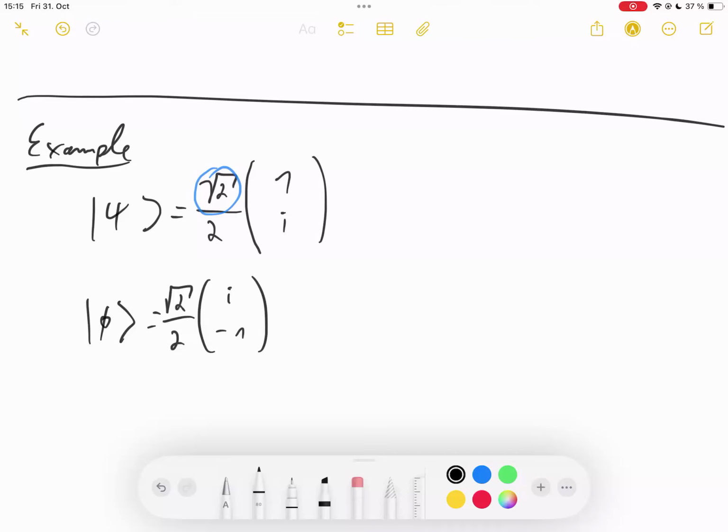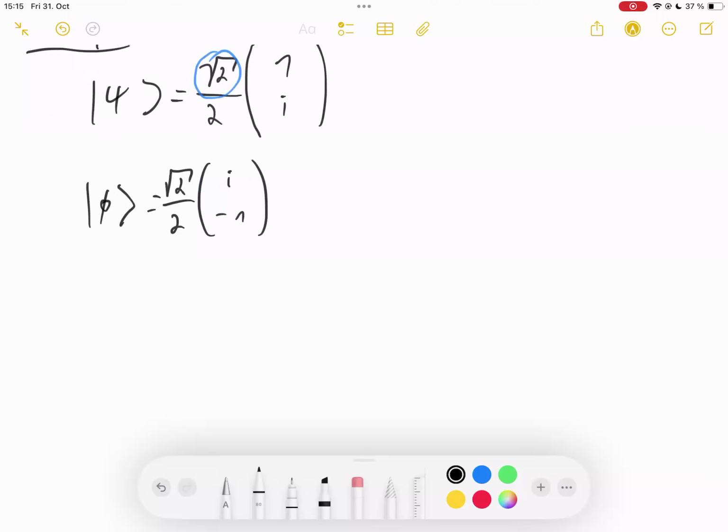And now what I want you to compute eventually is the inner product. So we have our ket, and from the left, the phi bra. I want you to calculate this, but in order for this to work out, I first need the phi bra, because I only have the phi ket.